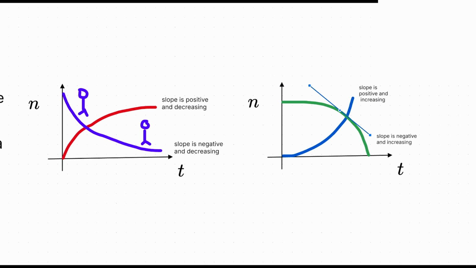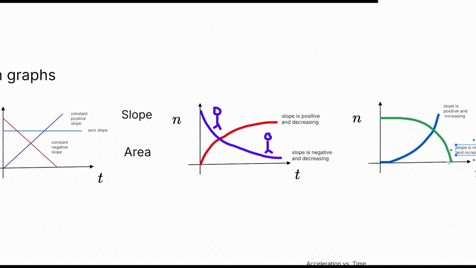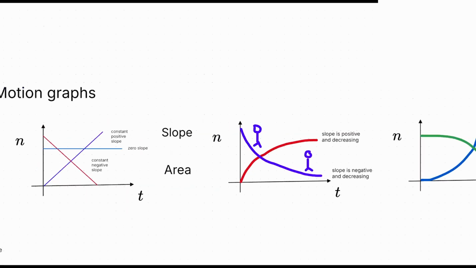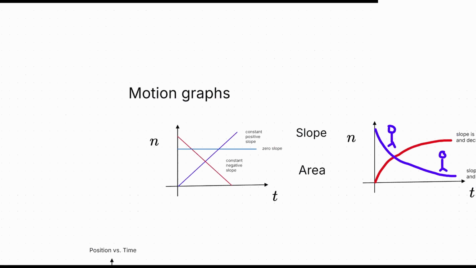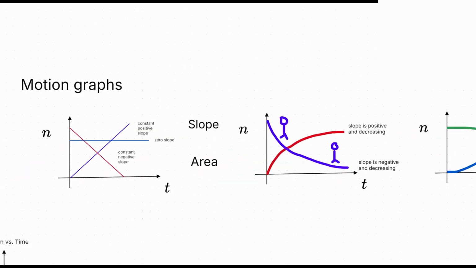These are the trends that we can see from any graphs, not just motion graphs. But in particular, we want to apply this when reading a position versus time graph. I just want to clarify that we have three types of motion graphs: position versus time, velocity versus time, and acceleration versus time.